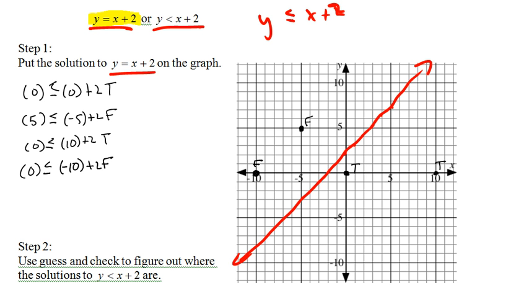All right. And if we were to continue doing this, we would find that everything on the top left is false and everything on the bottom right makes our inequality true, so it's part of the solution. So every point on the line or below it is going to make this inequality true. So that's your solution to y is less than or equal to x plus 2. It's everything on the red line and everything below it.